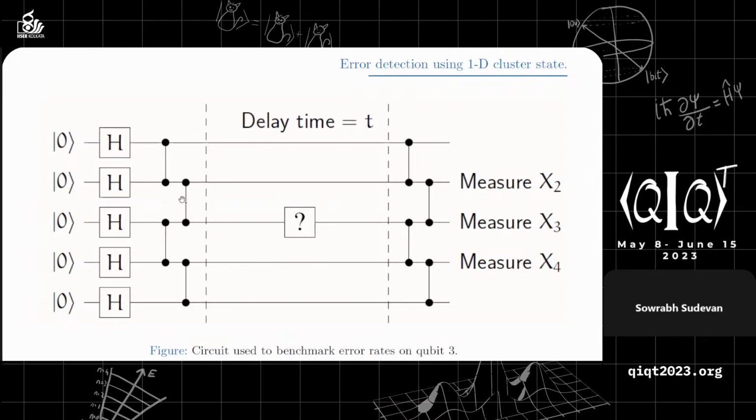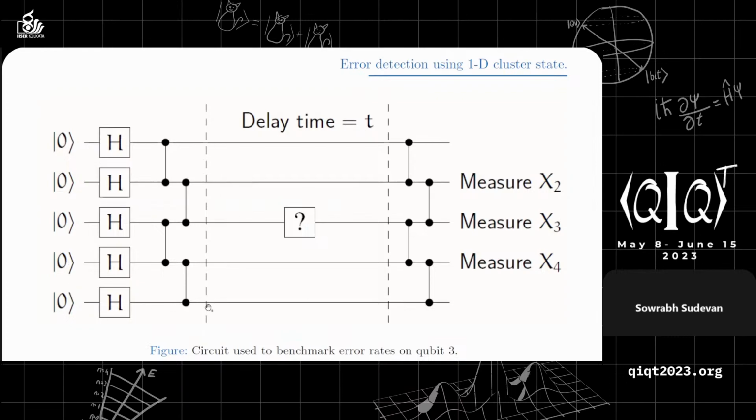So the application that we have proposed was that we could use this for benchmarking existing quantum computers. Benchmarking, as in you check the error rates on certain qubits. That can be done by other methods, but this is one other method to do that. You have a quantum computer, and the first part of the circuit is preparing the cluster state.